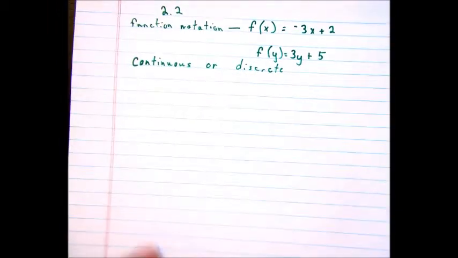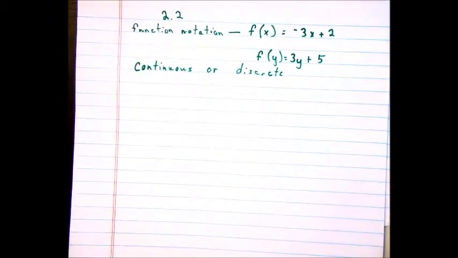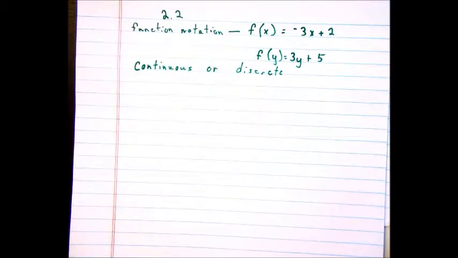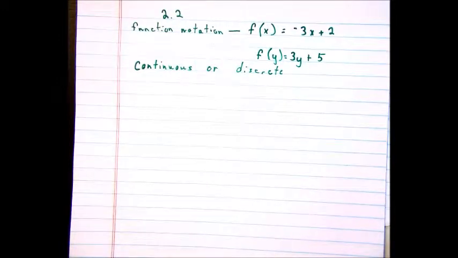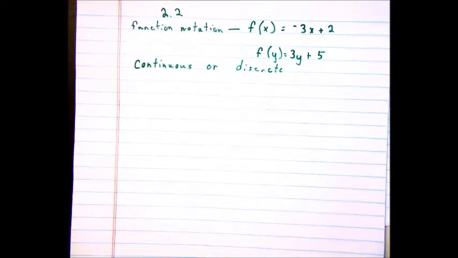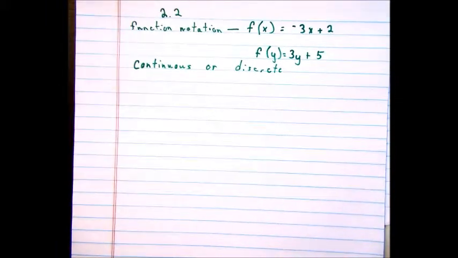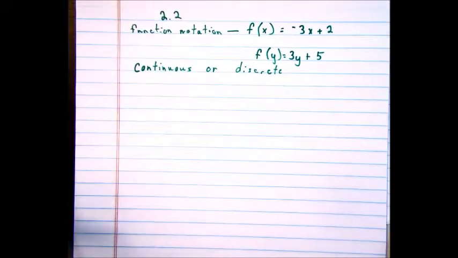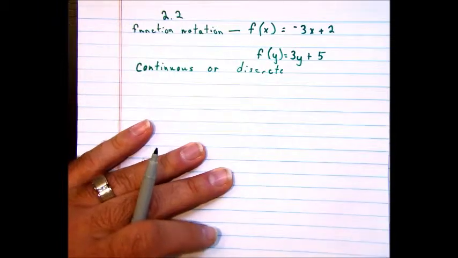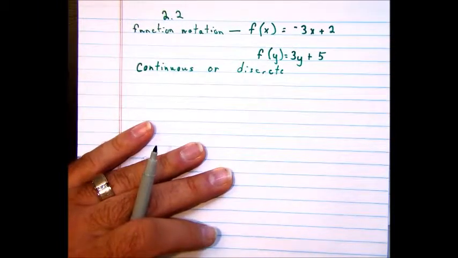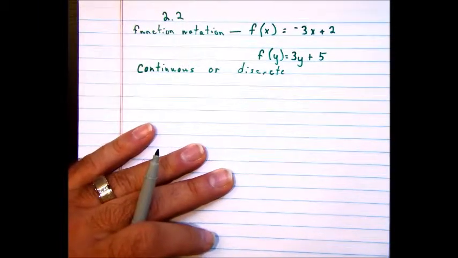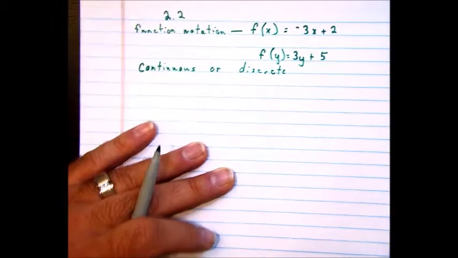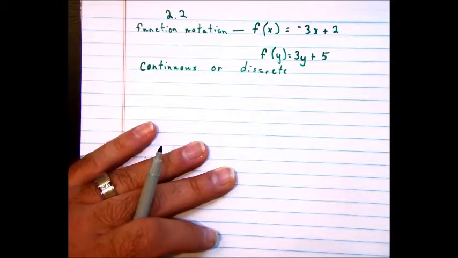So for example, it's determined by our x value, and our x value tells us whether we can actually have pieces of it or not. So for example, if we were to use time, well, there are certain time problems where the actual time can be in pieces, so it would be continuous, meaning we could have 3.5 seconds. But let's take one that would be discrete.